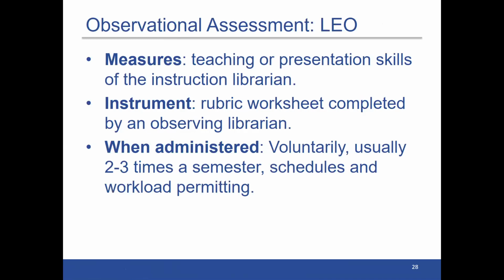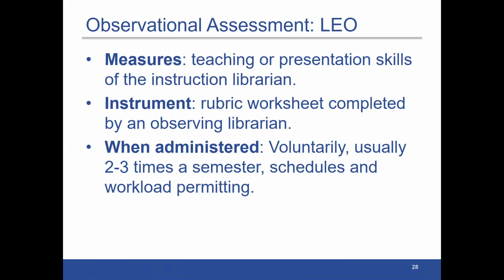And then the observational assessment component, this is LEO. LEO stands for Library Exchange and Observation, which is a group of instruction librarians from local area academic libraries. And it is an informal, friendly, and low stakes group. And the rubric results are used to guide follow-up conversation about what worked and what could be improved.